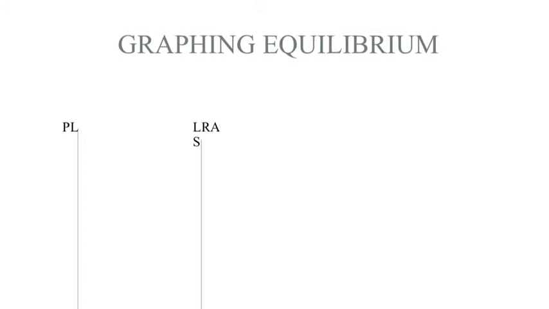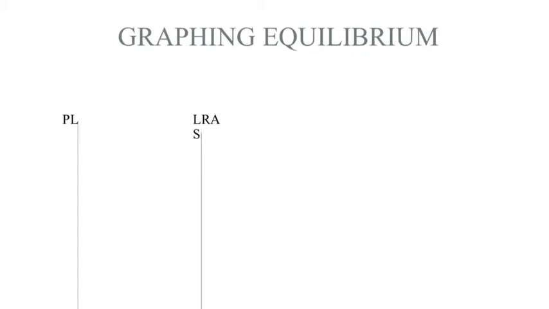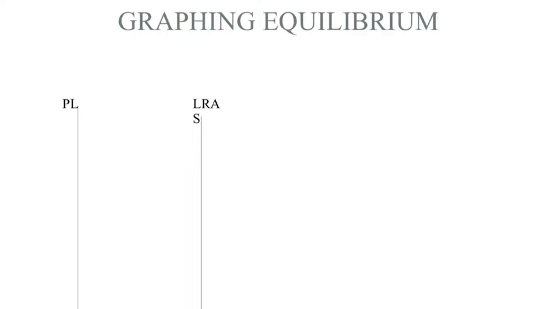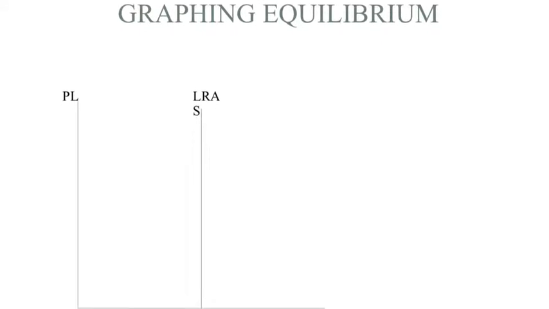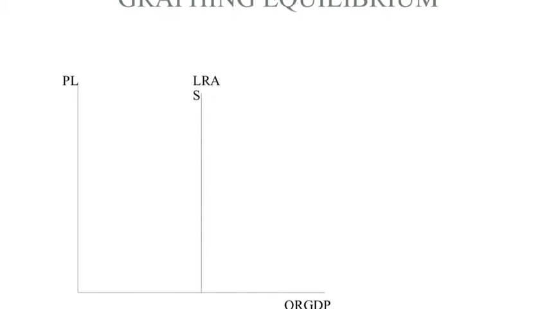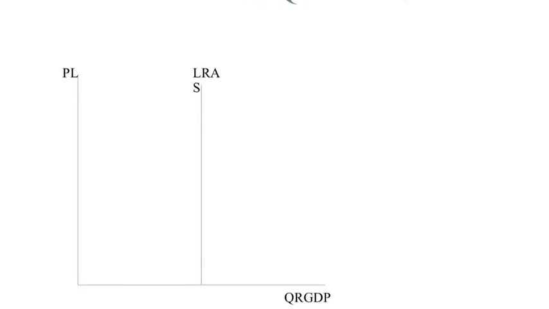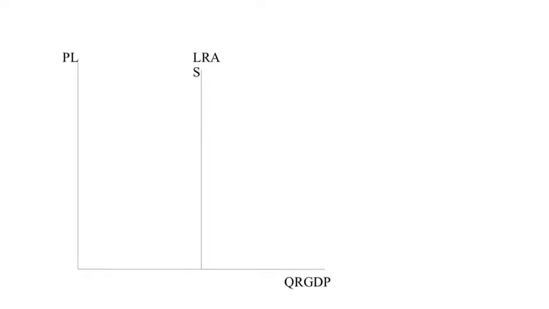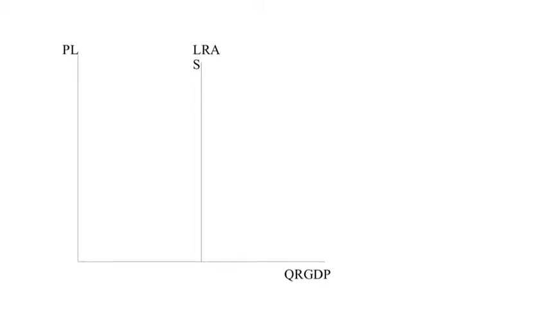Alright, we're going to start with graphing equilibrium. In every single gap, you're going to start with long-run aggregate supply labeled LRAS, and you're going to graph that on a graph with price level on the y-axis and quantity of real GDP on the x-axis.